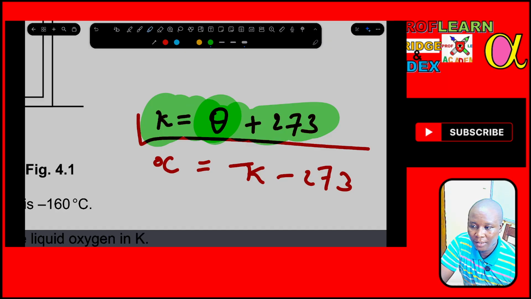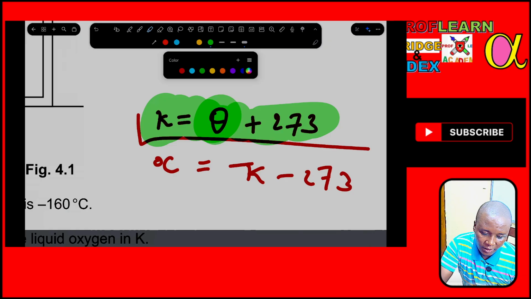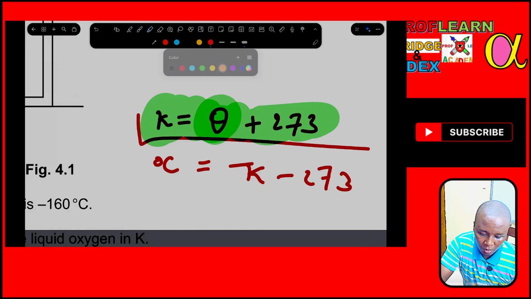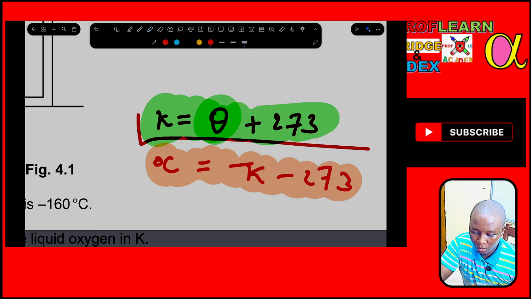Remember, 273 is the absolute zero temperature. So at that particular temperature, at negative 273, the molecules of the object have zero kinetic energy. But if you are given temperature in Kelvin and you are supposed to convert it to degrees Celsius, you need to subtract 273.